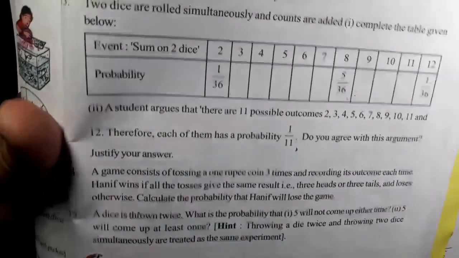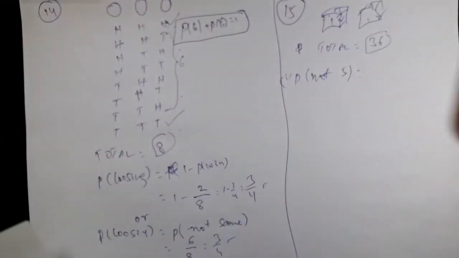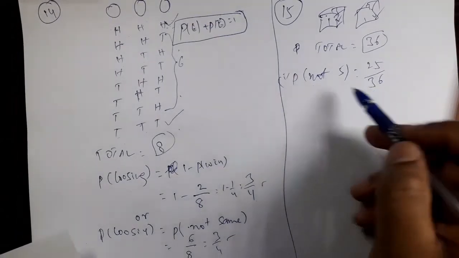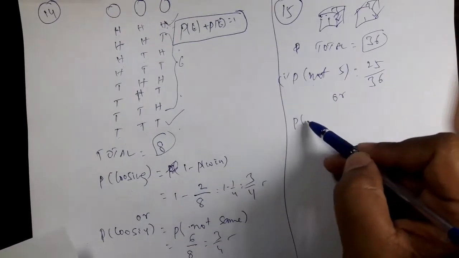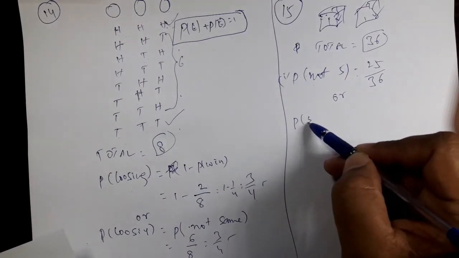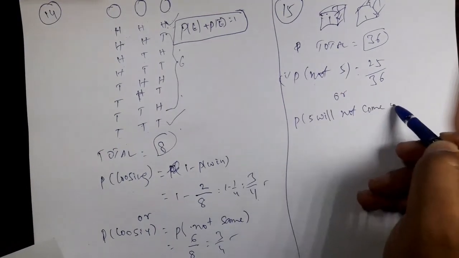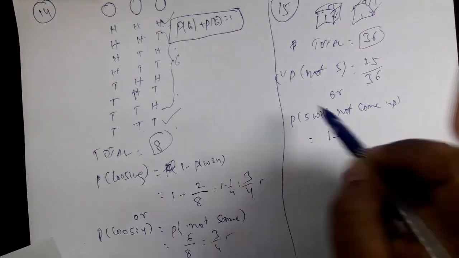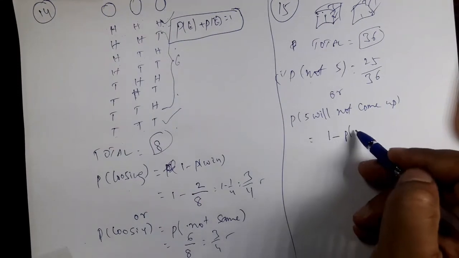Now coming to this question, 5 will not come up either time means 25 are favorable. So 25 out of 36, that is the answer: 25 by 36. The same question can be solved like this also. 5 will not come up can be written using this formula: 1 minus the probability that 5 will come up.